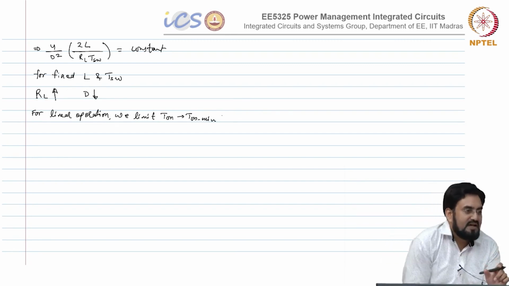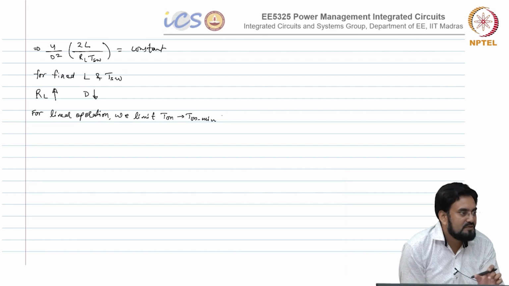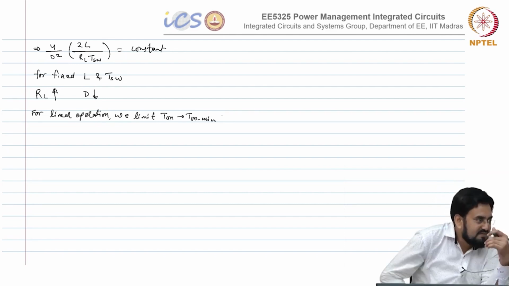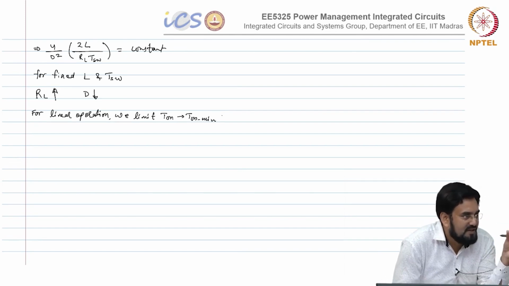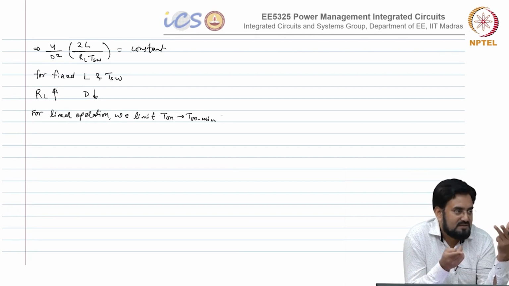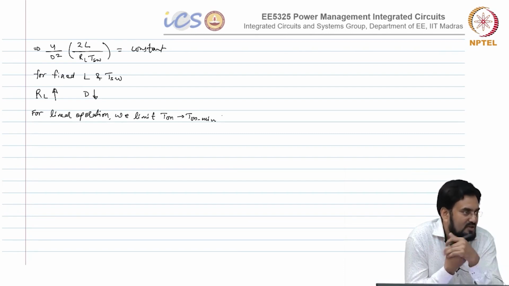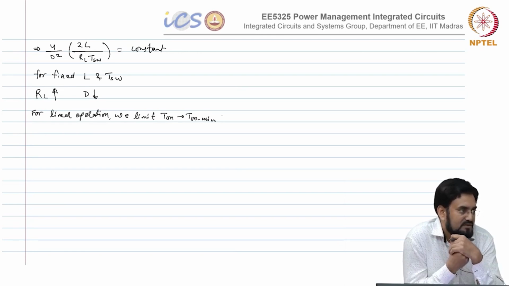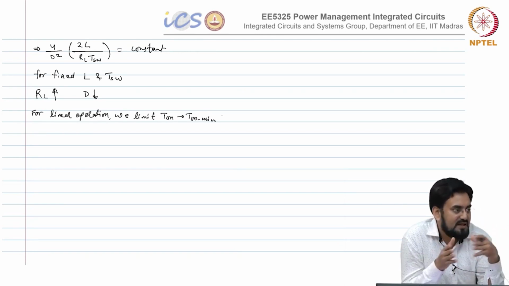So, some minimum on time which is sufficient to turn on your switches, because those switches will have some rise time, fall time, then you have some dead time. So, this T on should be at least more than that, otherwise your MOSFETs will not turn on at all. So, whatever the propagation delay you have in that path, this T on should be more than that.